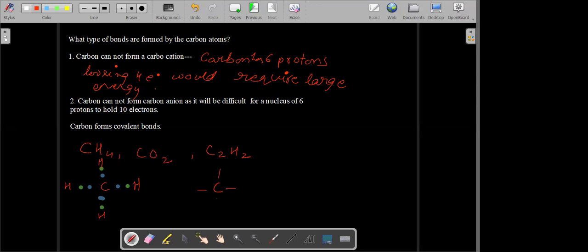Hydrogen, hydrogen, hydrogen. So just remember that a carbon will always form 4 bonds. Here it has formed 4 single bonds with each of the hydrogen atoms, giving rise to the formation of methane. Okay. Try the formation of CO2, carbon dioxide.